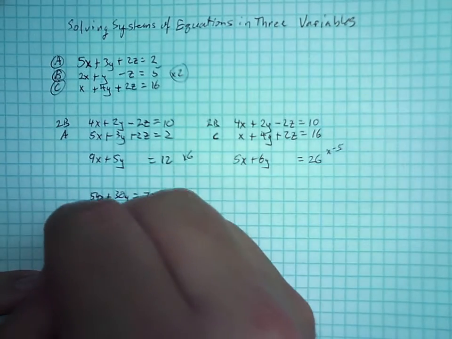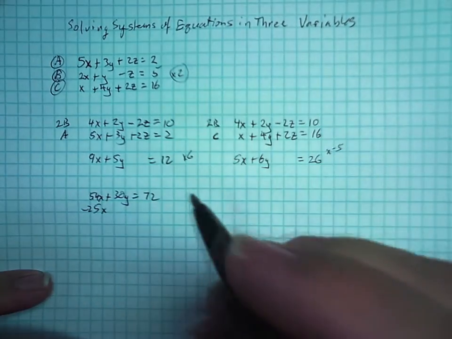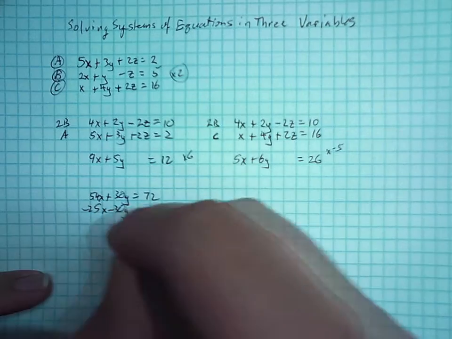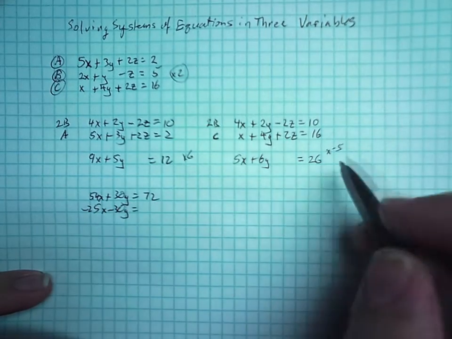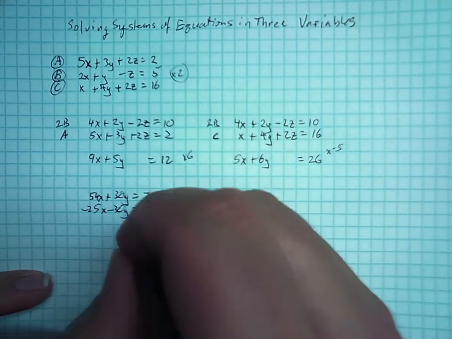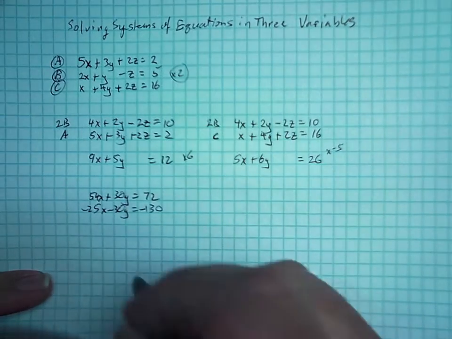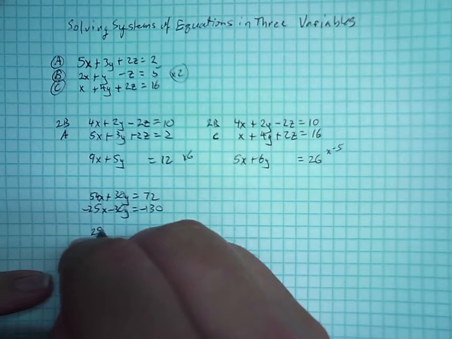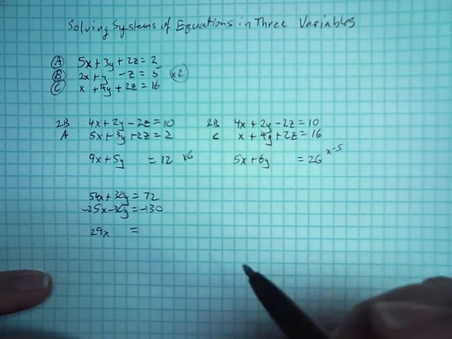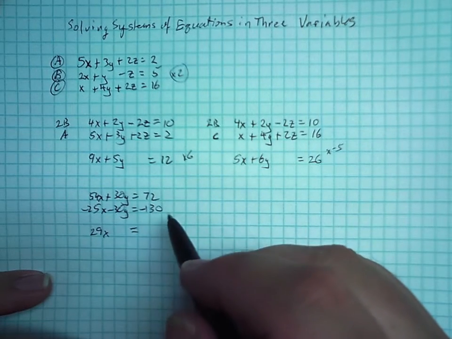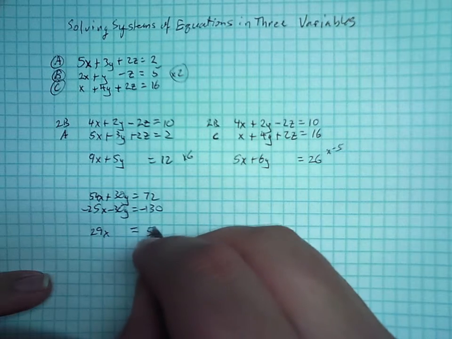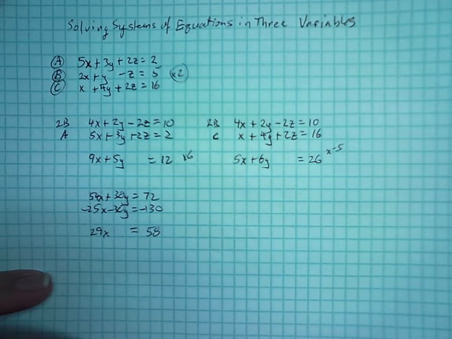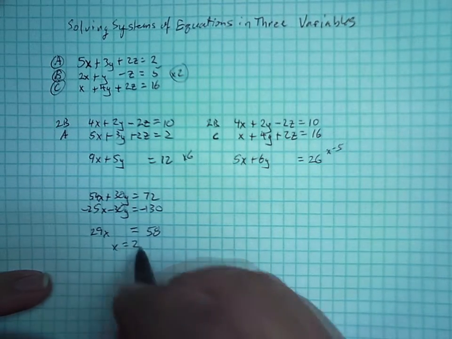And then this will be negative 25x minus 30y equals negative 130. So now when I add these, that's going to be 29x and nothing equals 72 minus 130, which is negative 58, which is very fortunate because that's twice 29.